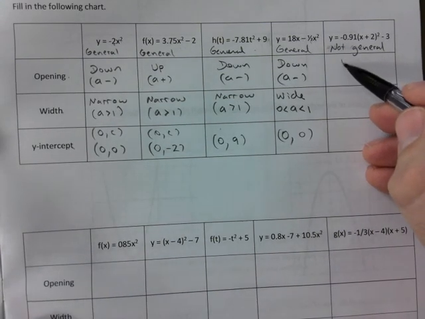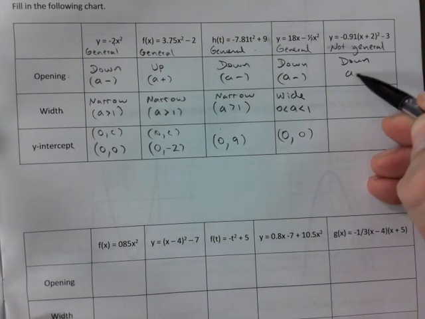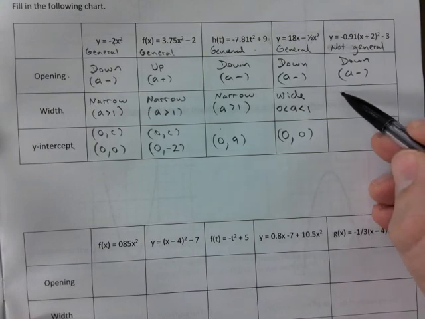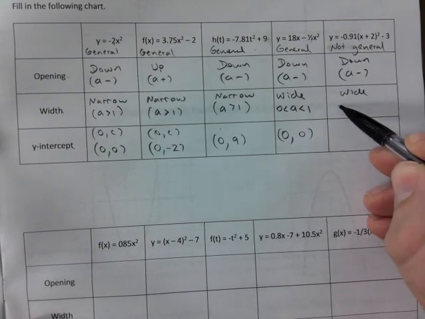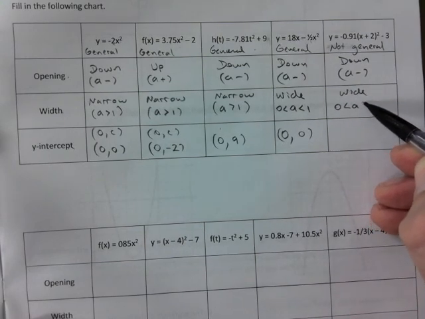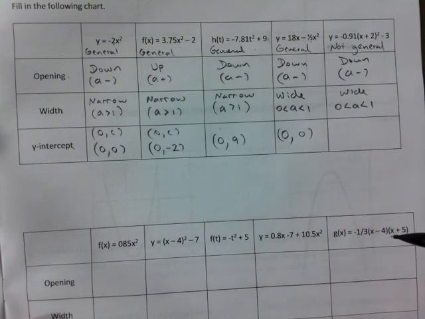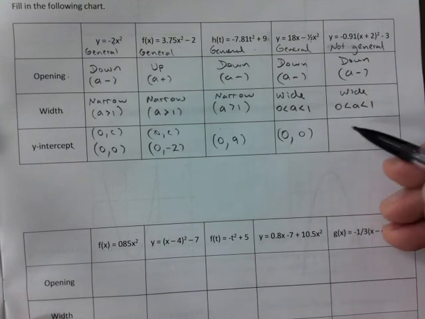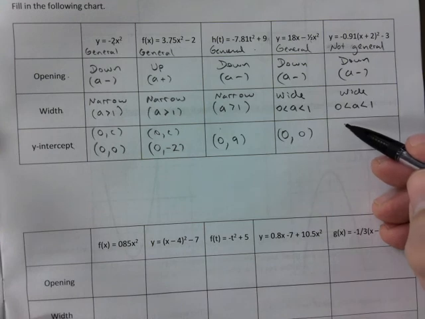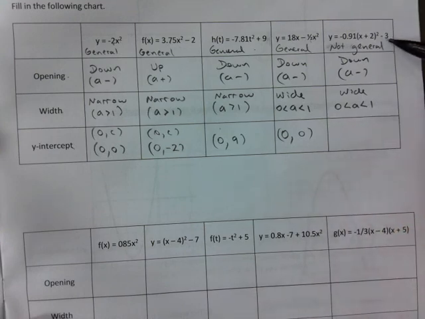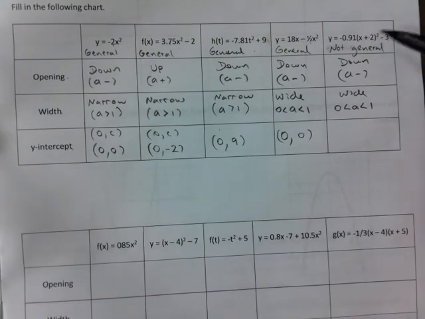So this is going to be opening down because A is negative. It's going to be a wide one because A is between 0 and 1. And this is a temptation that I see a lot. 0, -3, right? You'd be tempted to do that, because that's a constant, but it's not general. Can't do that.